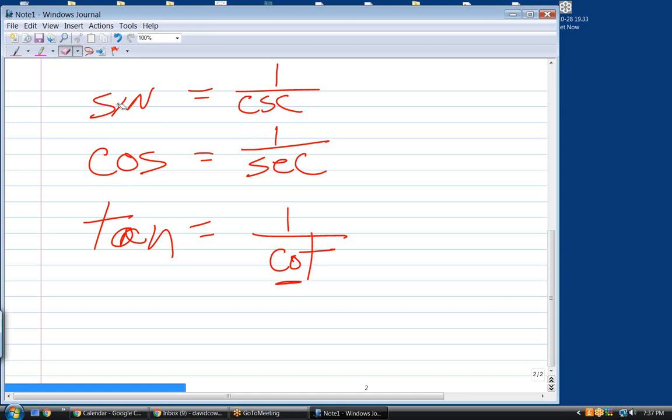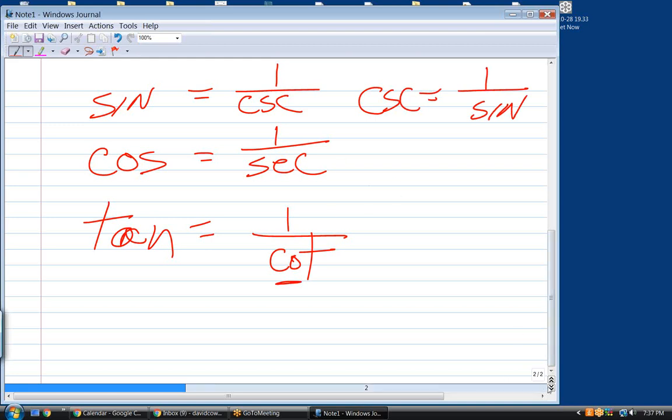When you said sine was 1 over secant, that can't be right. There's no co in there. And then, of course, the other three are just the reverses. Flip it. So that makes up your first six.